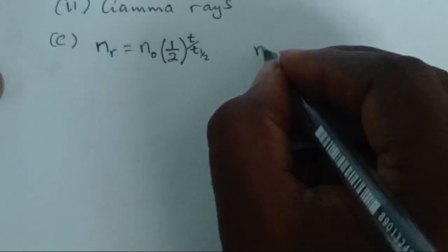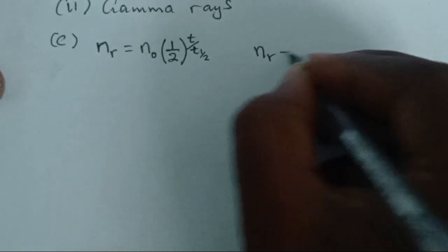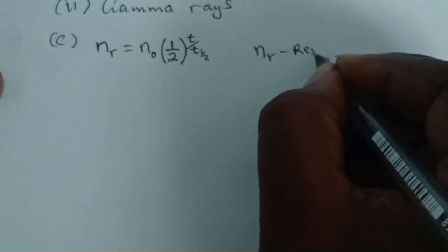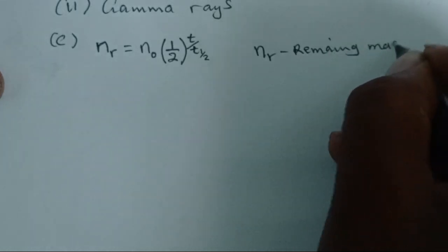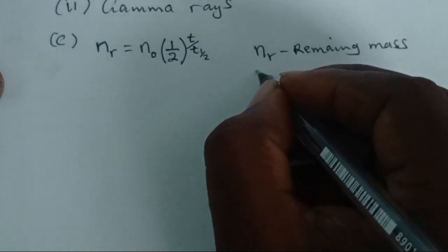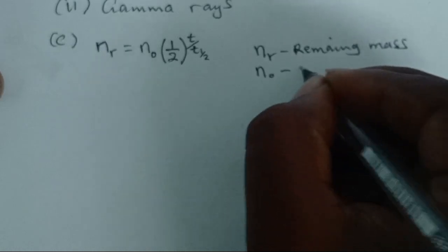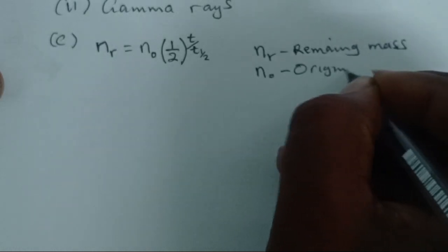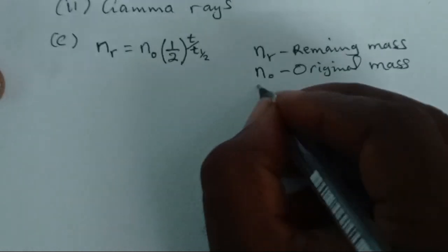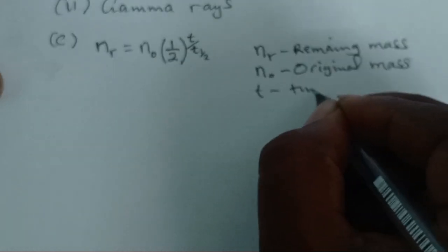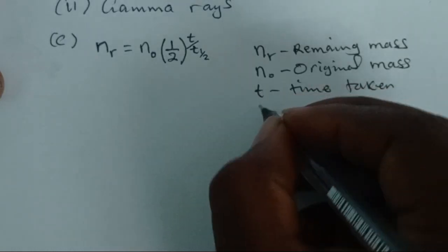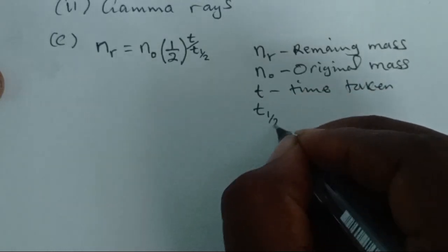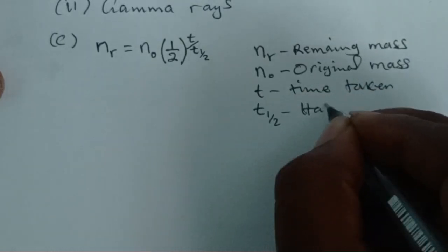So we have NR, that is the remaining mass. Then we have N0, that is the original mass. We have T, it's the time taken. We have T half, that is the half-life.